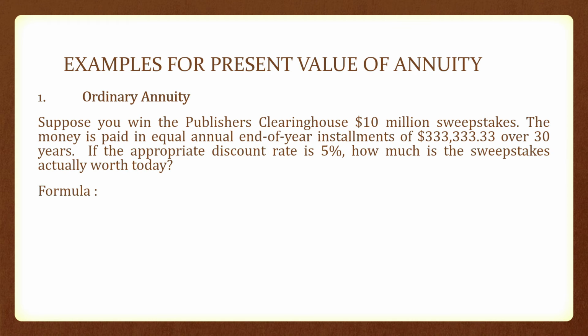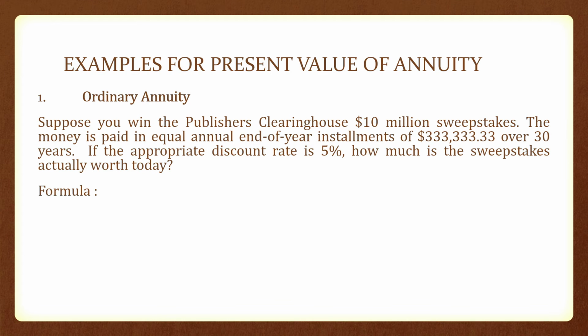The money is paid in equal annual end of year installments of $333,333.33 over 30 years. If the appropriate discount rate is 5%, how much is the sweepstakes actually worth today?